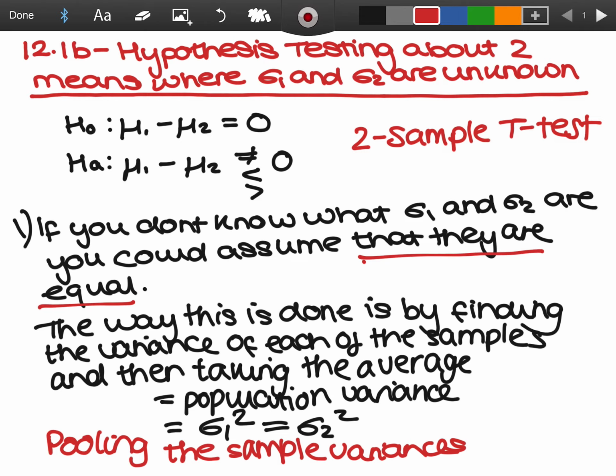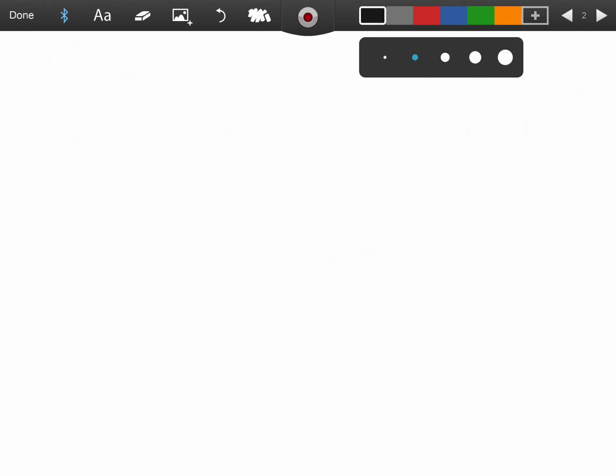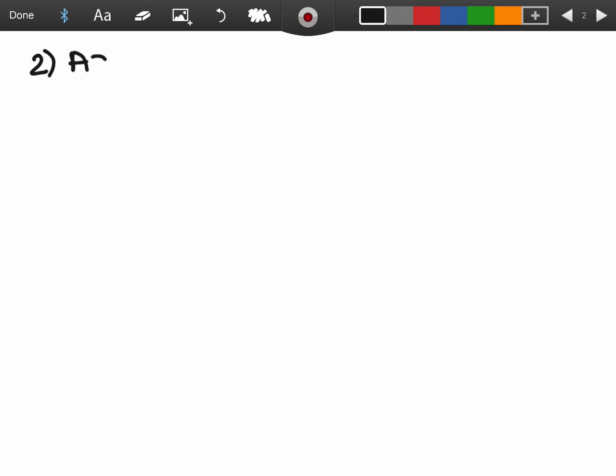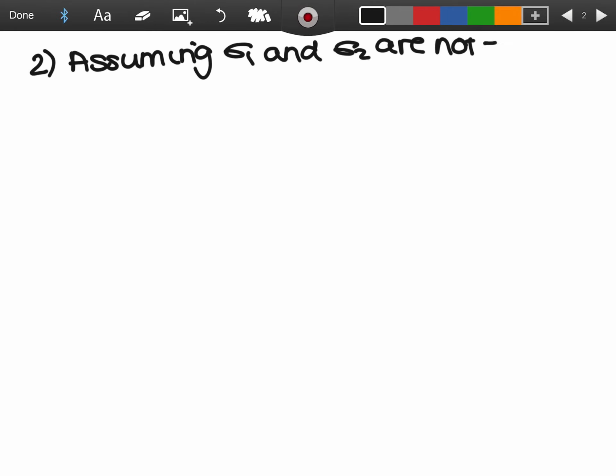The other case is case 2, where you're assuming that sigma 1 and sigma 2 are not equal. So if sigma 1 and sigma 2 are not equal, the question is, how do we find a value for them?